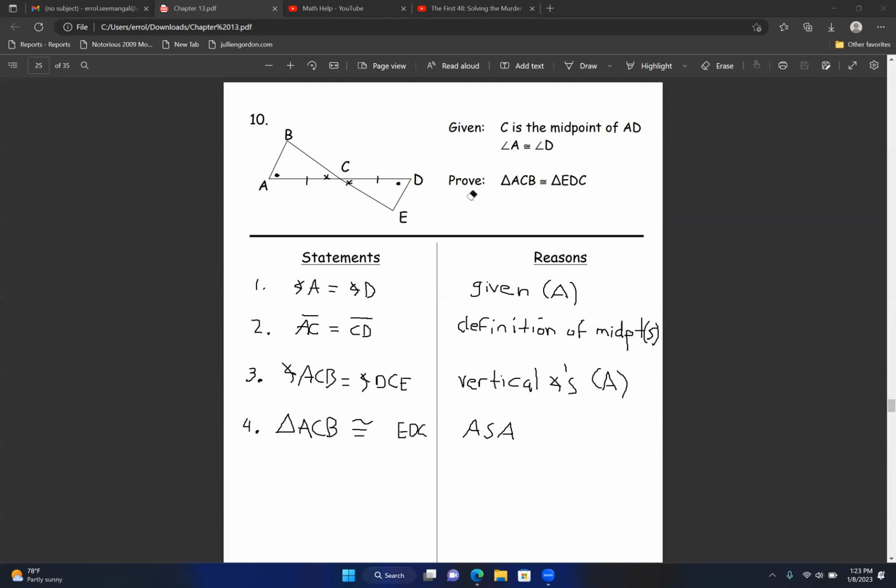Sometimes you have to use the other ones, right? The SSS, AAS, ASA, and what's the last one? ASA, yeah, that one. All right, so that's number 10. Write that down or take a picture. Got it? Yeah. All right.